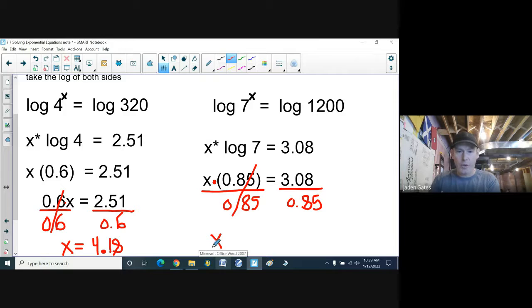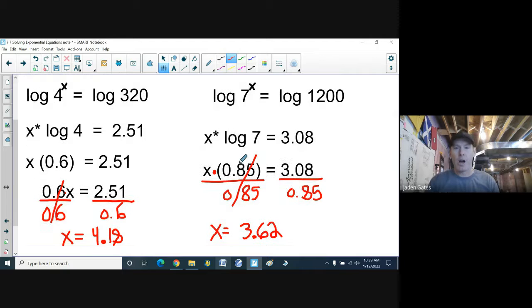And so x is going to be whatever 3.08 divided by 0.85 is. And I get 3.62. So again, using this log rule just allows us to make that exponent a normal number so that we can solve for it. All right, I'm going to try one more of those.